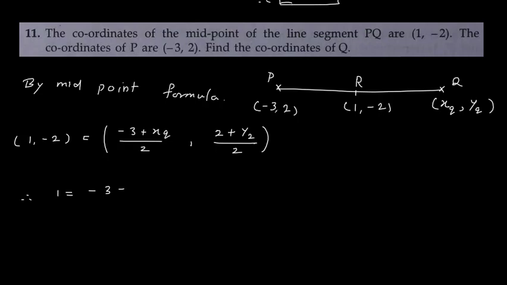(-3 plus xq) divided by 2. So therefore here I have -3 plus xq is equal to 1 into 2, and 1 into 2 is 2. So therefore I have xq is equal to 2 plus 3, and 2 plus 3 is 5. This is xq.